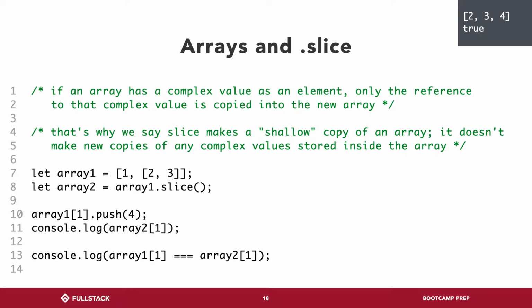So in the previous slide, in all that text, it said slice is a shallow copy. Shallow meaning it's only the outer array, not any complex data types inside of the array. The things that are being copied in there are the references.